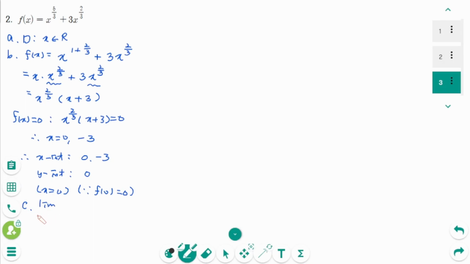The limit as x approaches infinity of x to the power of 2 over 3 times (x plus 3) is infinity. The limit as x approaches minus infinity is minus infinity. So there is no vertical asymptote and no horizontal asymptote.